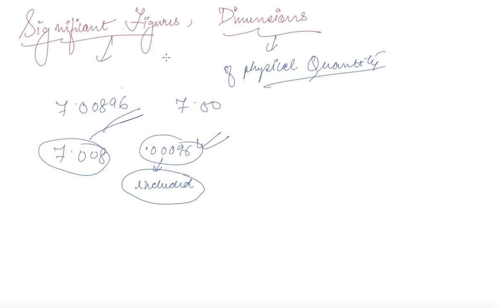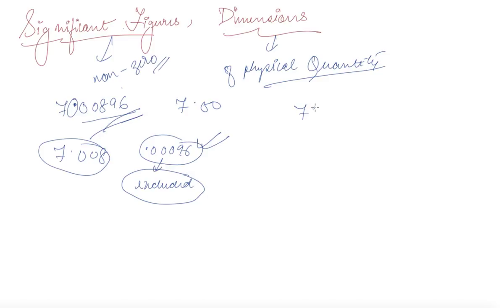Now sometimes when we do calculations, we often see that we take the value up to 4 significant places. When you talk about 4 significant places, we know that after a point, all the rest of the numbers are non-zero. Please keep in mind all the rest of the numbers should be non-zero.